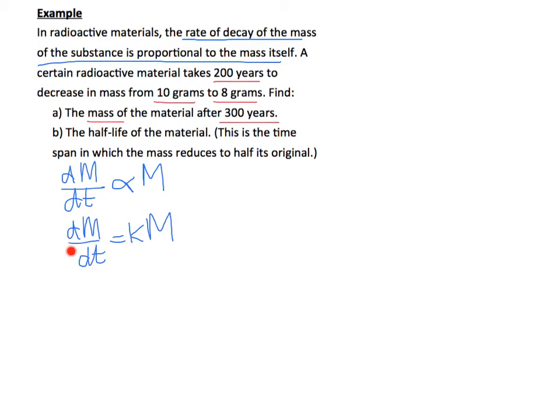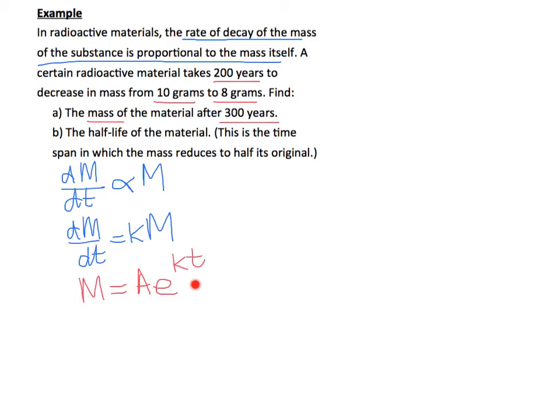Well, because we know that the rate of decay is proportional to the mass, then we can say that the mass is equal to an initial amount, e to the power of kt. How can we just jump straight from this to this? Well, let's differentiate our expression that we have for the mass and see if we get back to the rate.